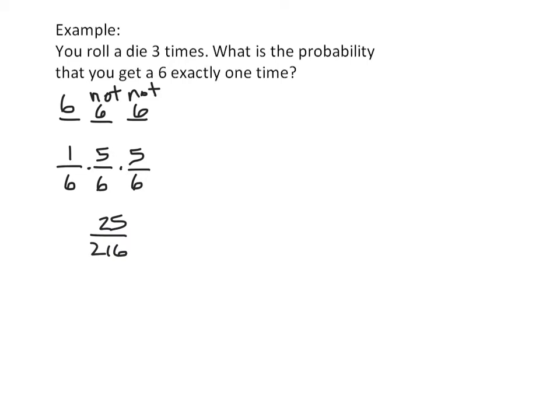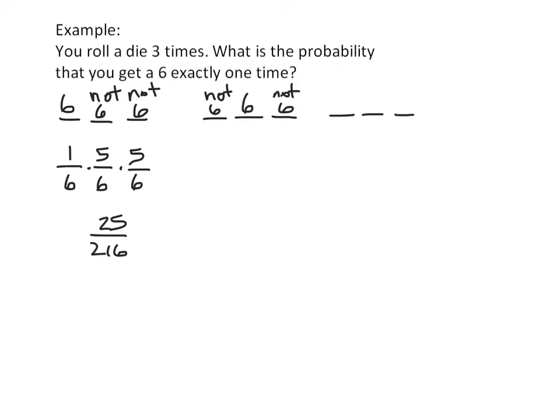The reason that's not our answer is because that's not the only way it could happen that I get a 6 exactly 1 time. I could also get a 6 second. I could get the 6 here. So that means there's another way it could happen, where I would have not a 6 here and not a 6 here. But that's not the only way it could happen.